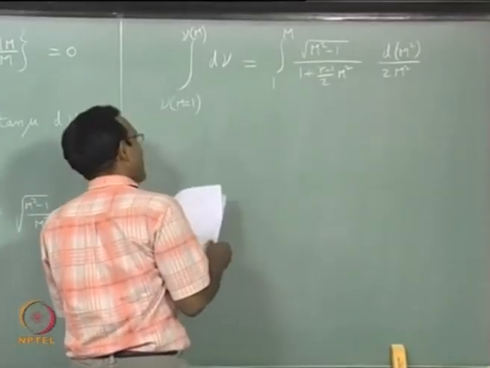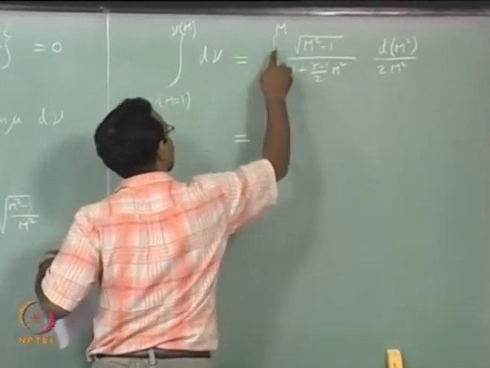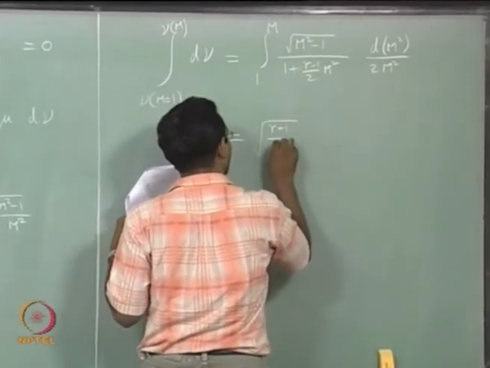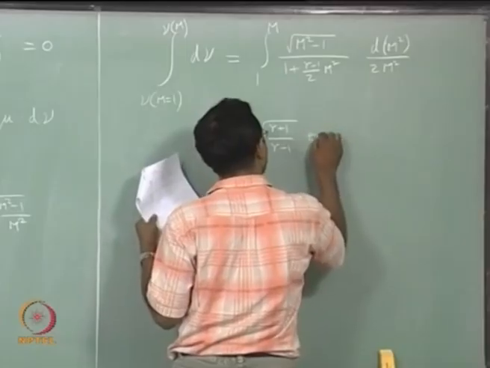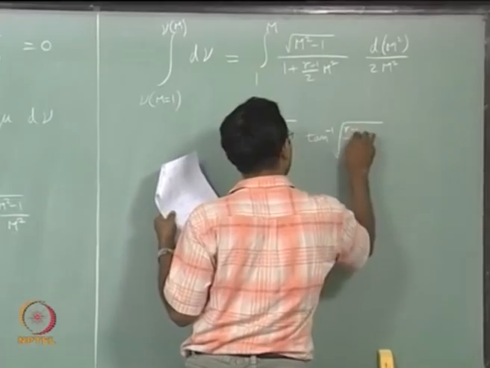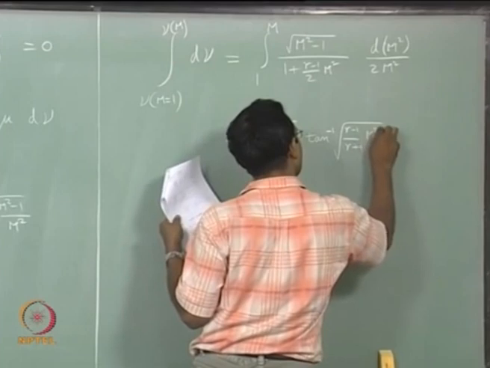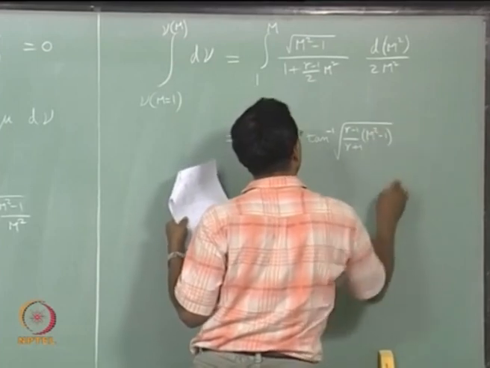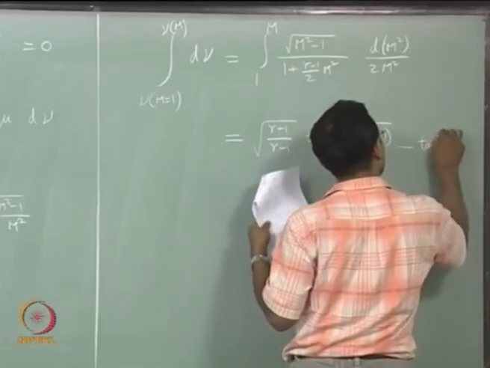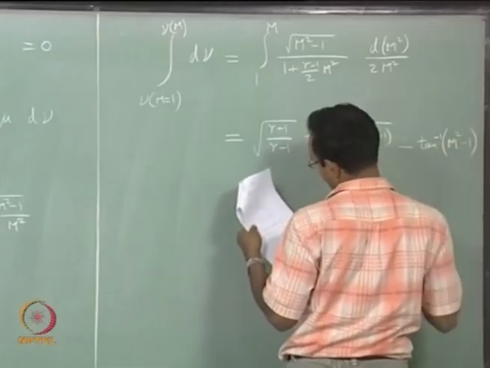So if I go and ask the mathematicians, they are going to tell me that this integral with the limit substituted comes out to be square root.